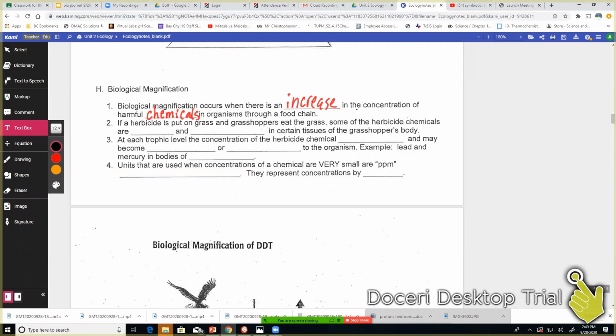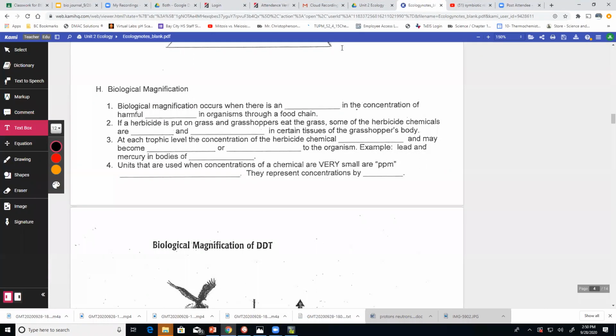So you may have your producers pick it up when they're growing, and then that first consumer eats it, but as you move up each trophic level, that continues to increase.